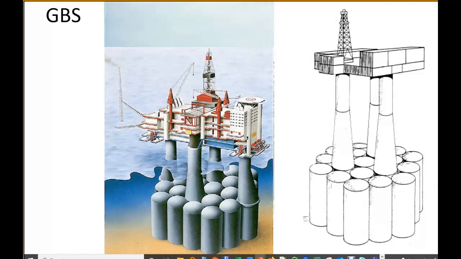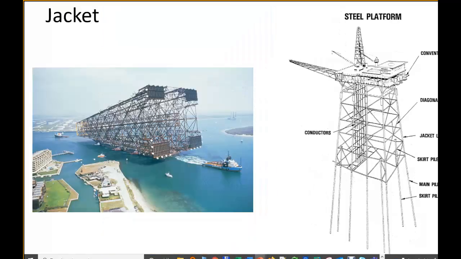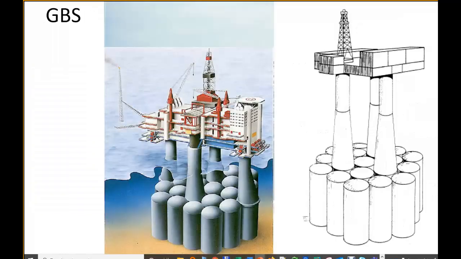One of the main advantages is that you have storage in these tanks. In the jacket you cannot store anything; you need a tanker nearby. But in this gravity-based structure, you usually use the legs to store fluid.